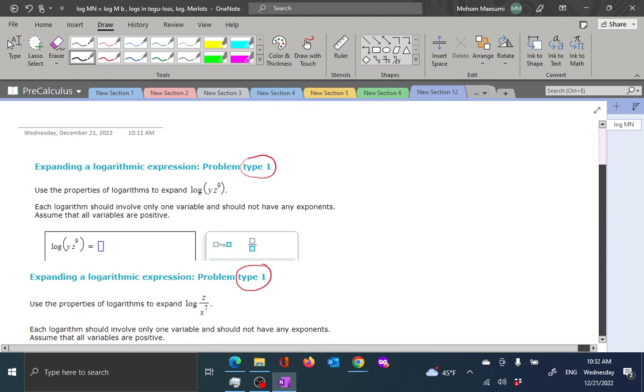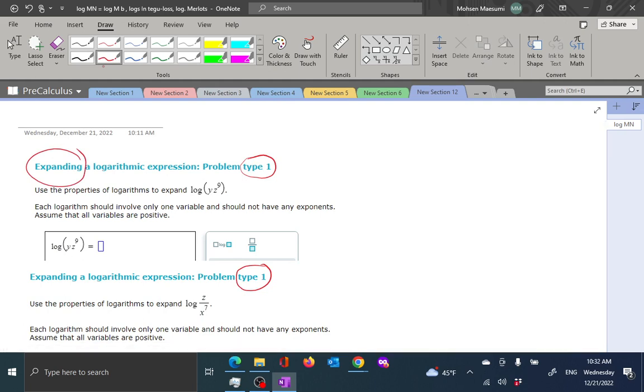The title of this is expanding. So sometimes you take a logarithmic expression and you want to break it into pieces. And in our next lecture, perhaps we are going to look at how we collect all the pieces and put Humpty Dumpty back together into a single expression.